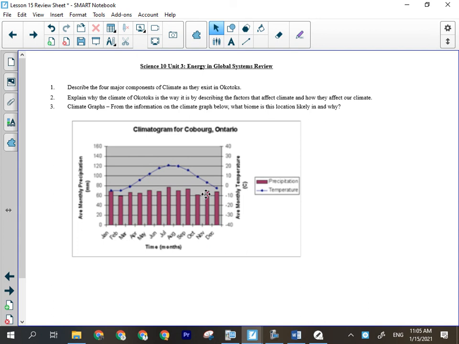Don't be fooled, guys, because sometimes the scale on a graph can really throw you. This has a definite bell curve, especially when I look at the scale. It goes from -5 to 20. That's a significant temperature change. But if I had this for something like the savanna, I could have this exact same shape, but it would only go from 20 to 25.